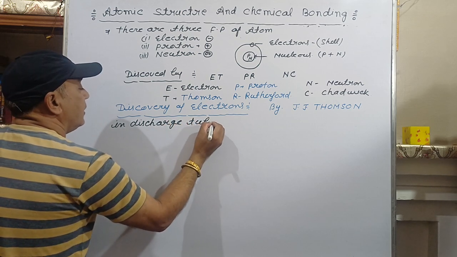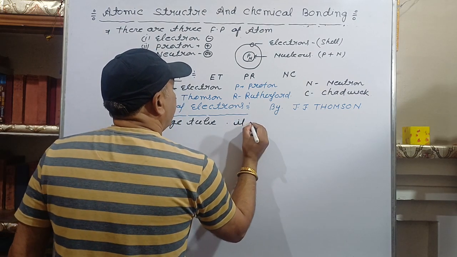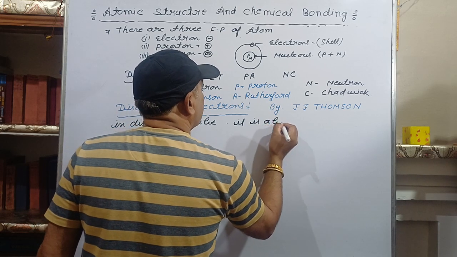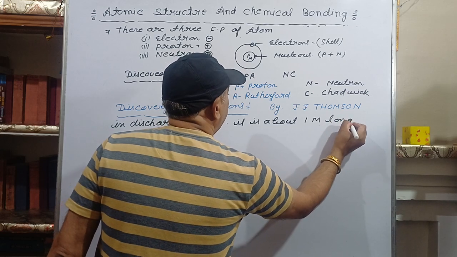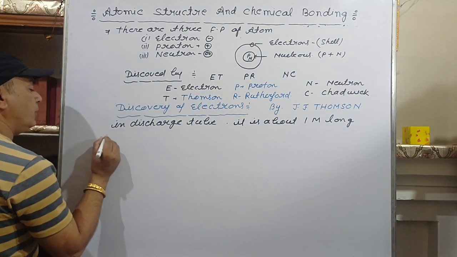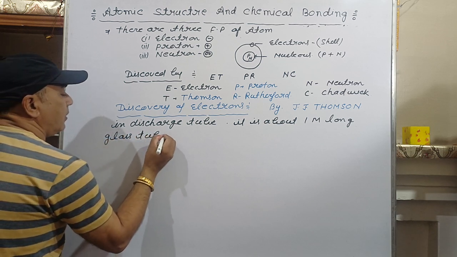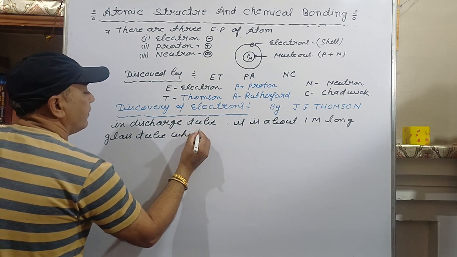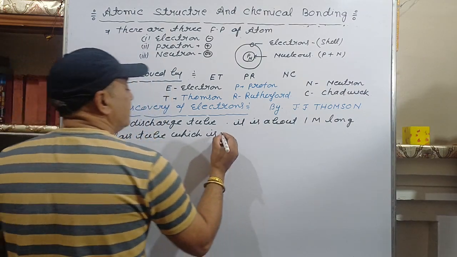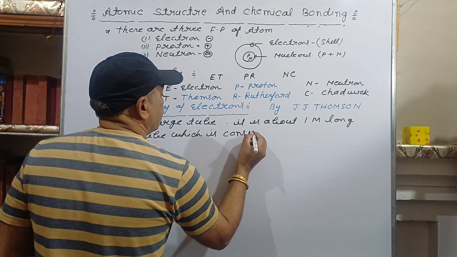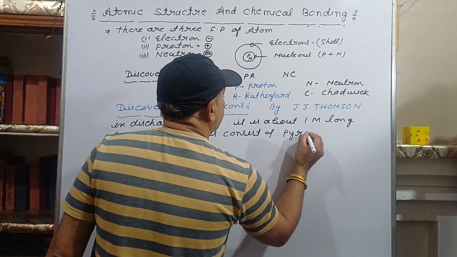A discharge tube is about 1 meter long. It is a glass tube made of a special type of glass, which is Pyrex glass.